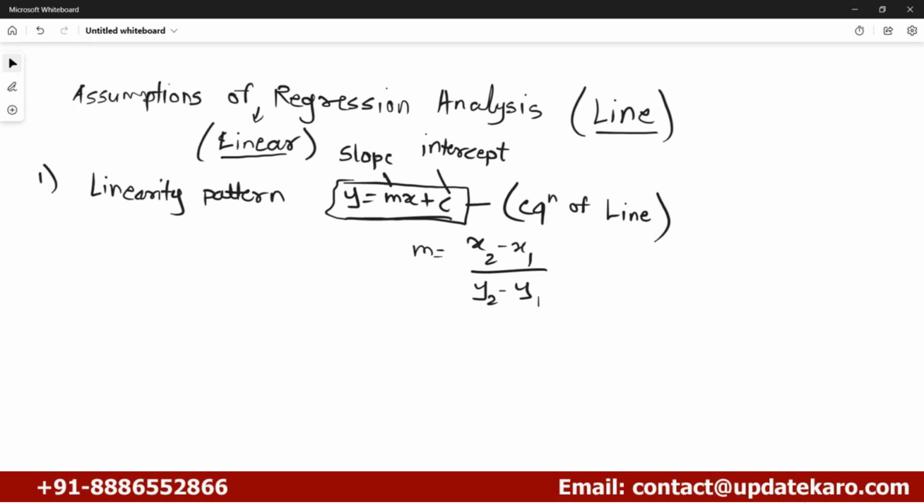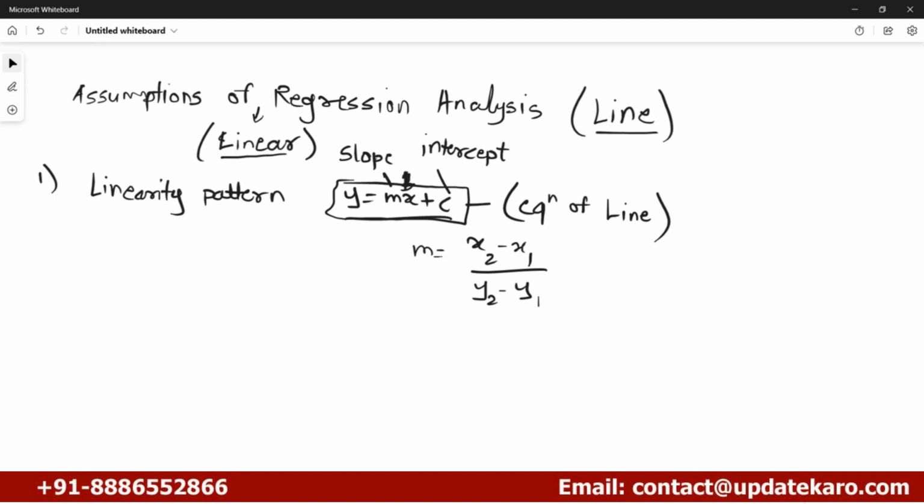Now what I wanted to say is about the linearity pattern. What is the linearity pattern? Here, did you see any square or any cube? Which means that there is no higher order, there is only one order, mx raised to 1.